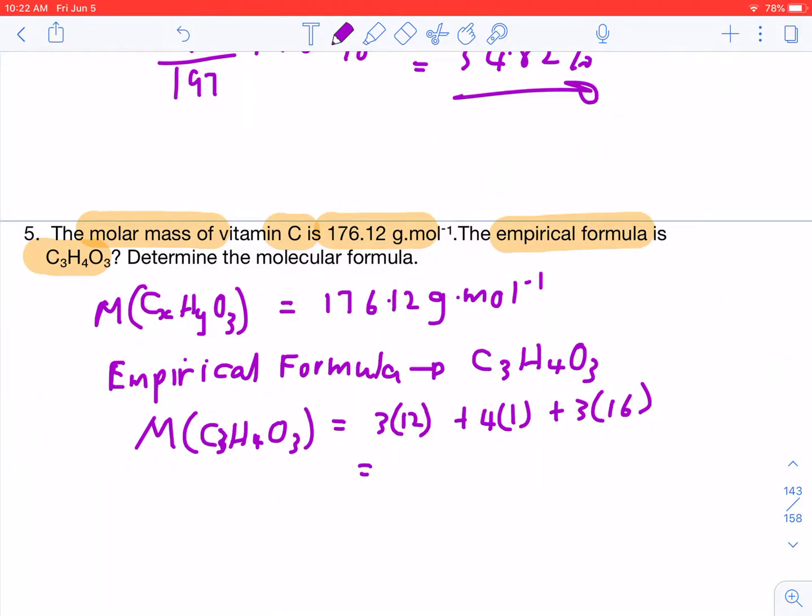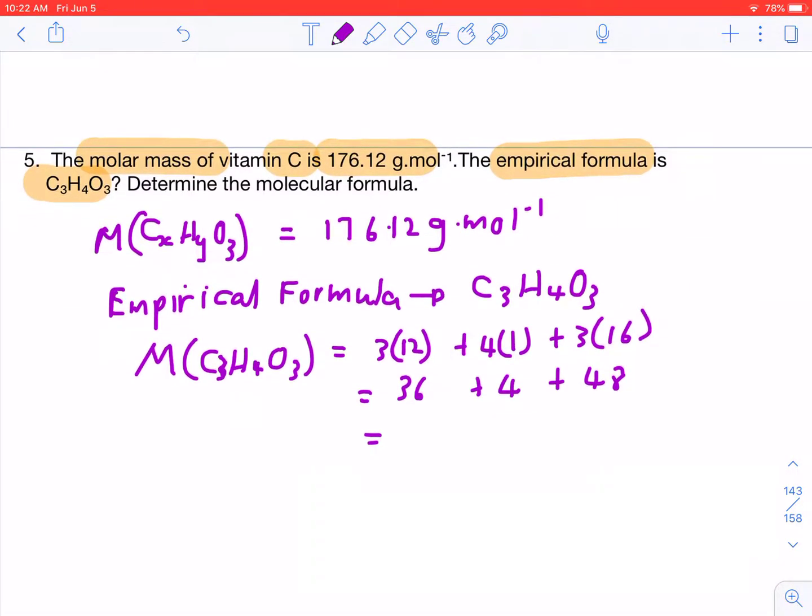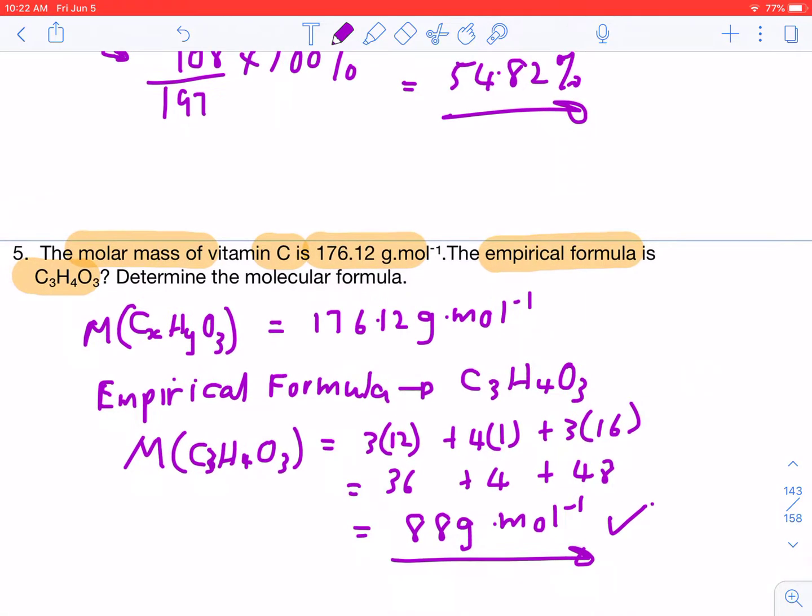That gives us 36 plus 4 plus 48, which gives us 88 grams per mole. So the empirical formula is 88 grams per mole, but the molecular formula indicates the mass is actually 176.12. We want to determine what the molecular formula is.